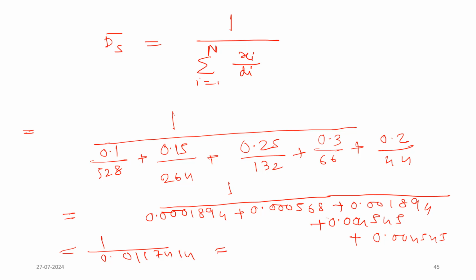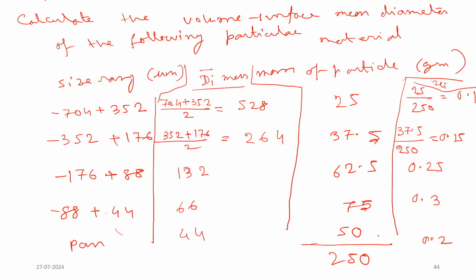So in total it is coming 85.17 micrometer. So this is the volume surface mean diameter, or Sauter mean diameter, of the particle size. Here you can see how we have calculated the diameter of the particles.